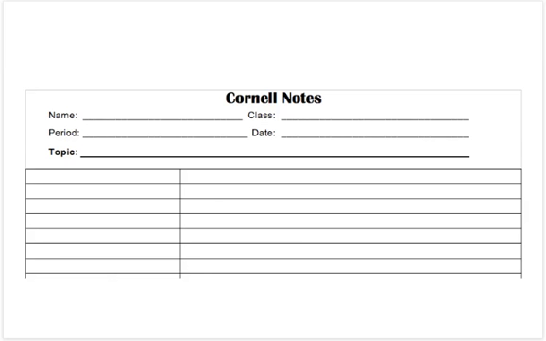So at the top of the notes, you're going to put your name, class, science, period, date, and then the topic, you're going to write in question types. And then remember, all your notes will go on the right side of the document.